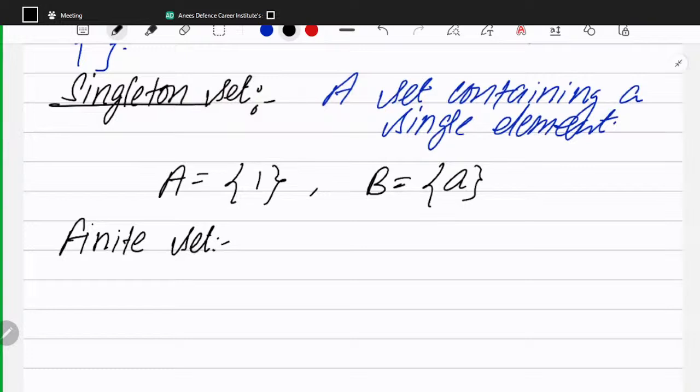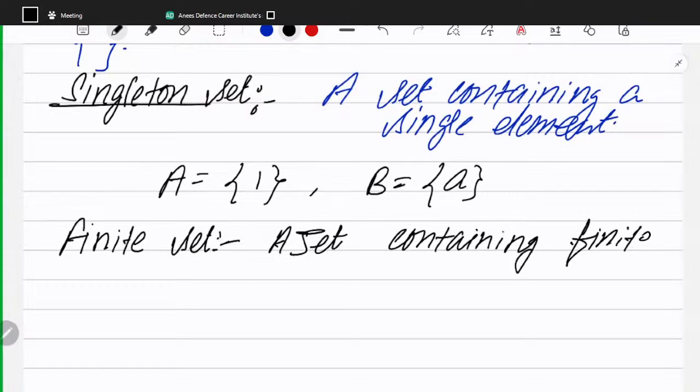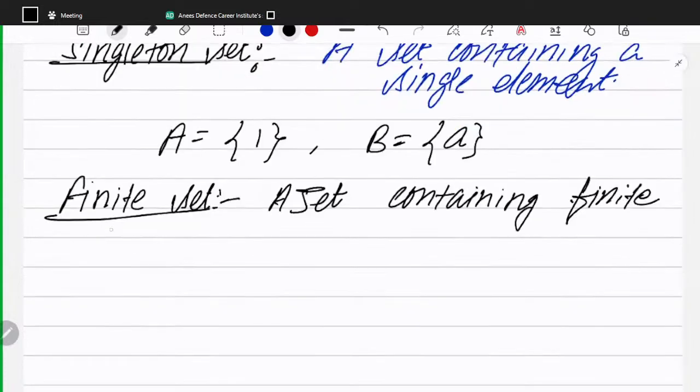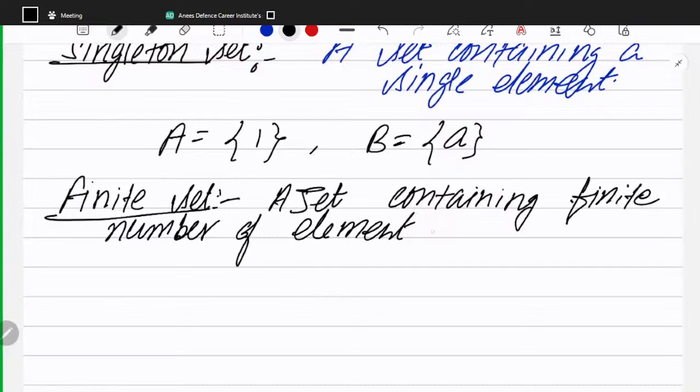Finite set, a set containing a finite number of elements or no element.